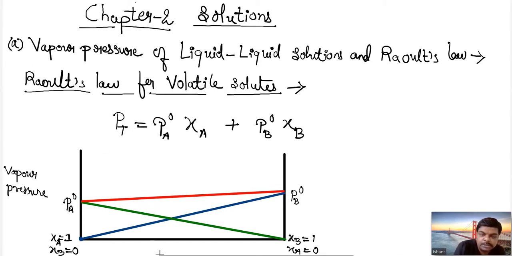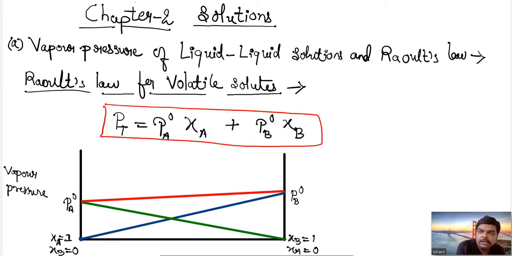Writing it down, PT equals PA naught XA plus PB naught XB. So the value of PT is on a higher side in comparison to PA naught and PB naught.